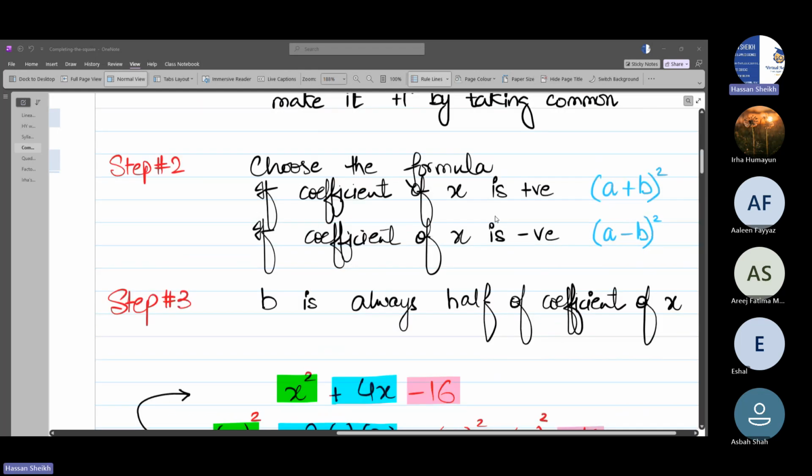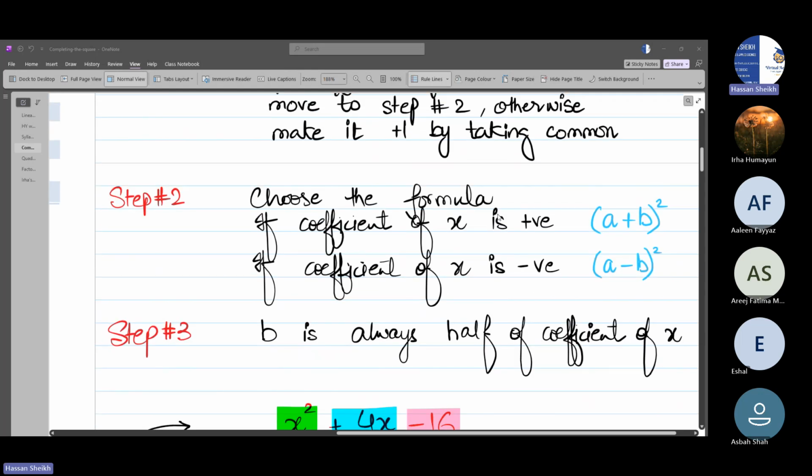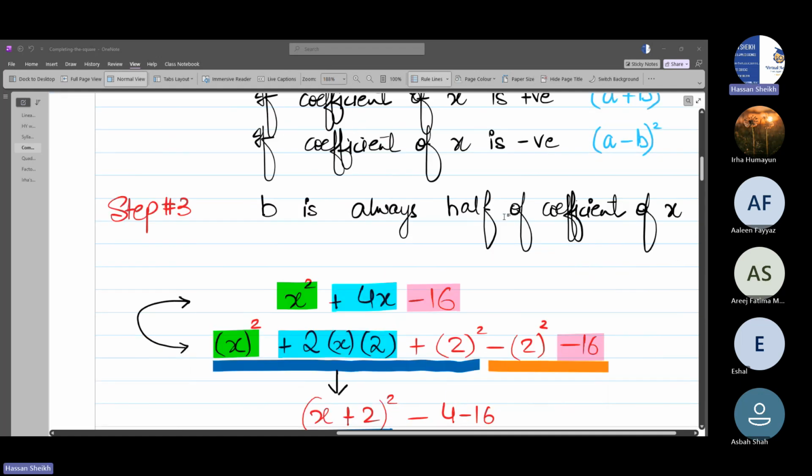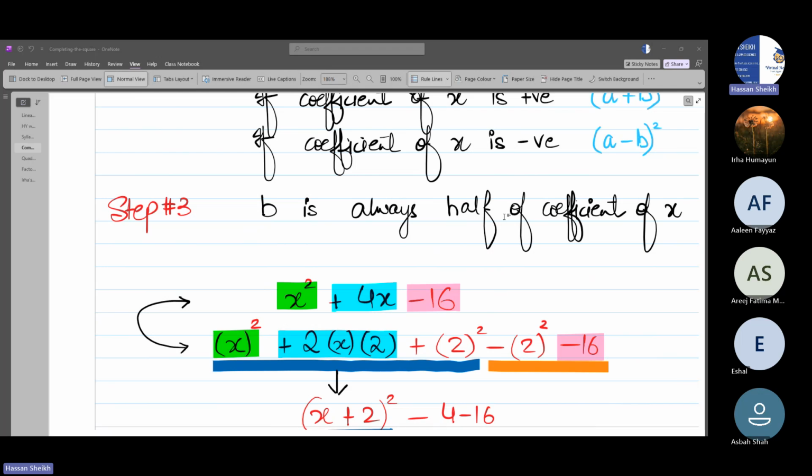Because the coefficient of x is positive, over here we applied this a plus b whole square formula, and you don't need to write anything in the brackets because you'll fill out those brackets afterwards, because you need to balance it with the given expression.